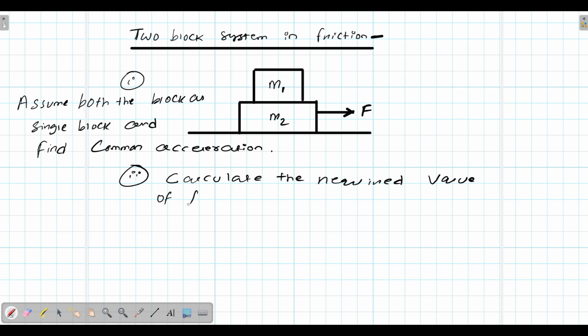So assume both the block as single block, find common acceleration, calculate the required value of friction for the common acceleration.